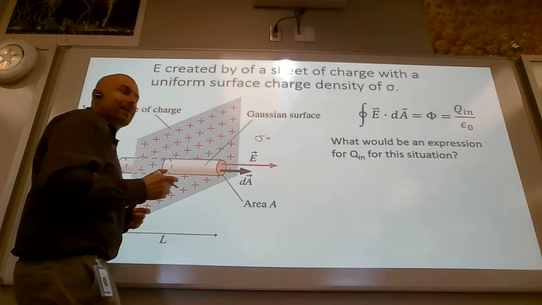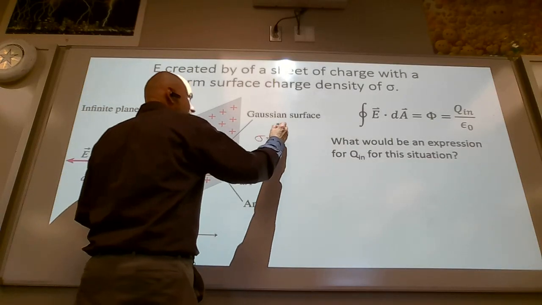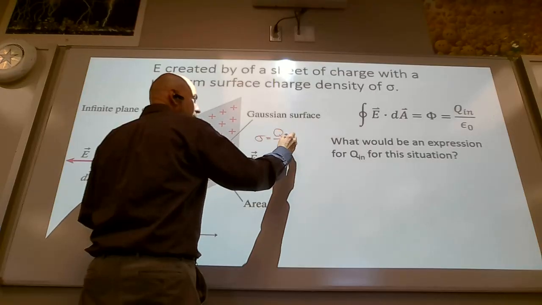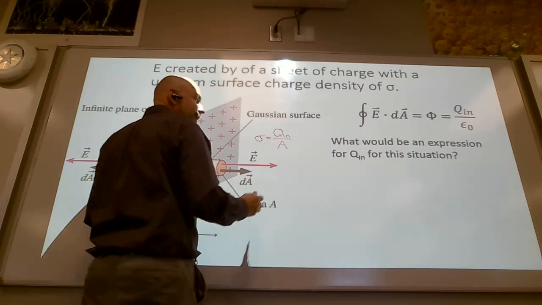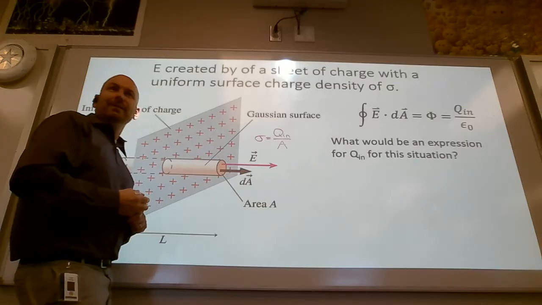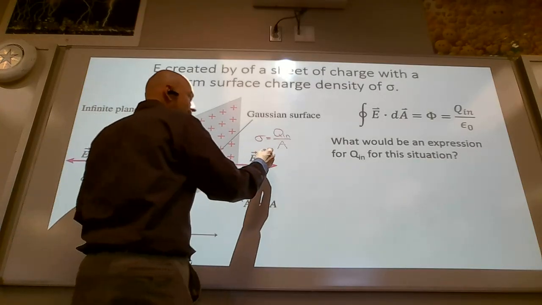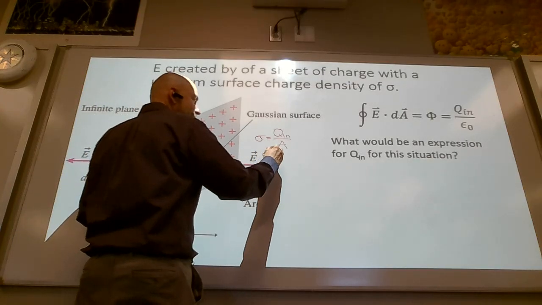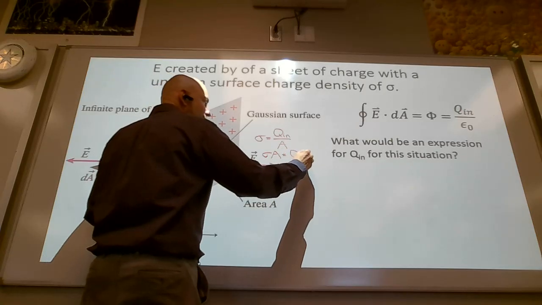Sigma is equal to charge enclosed over A. So it is just sigma times A is equal to charge enclosed.